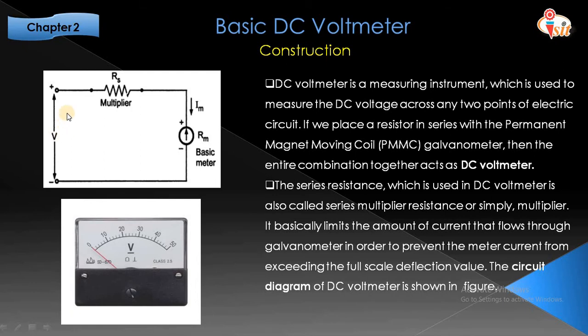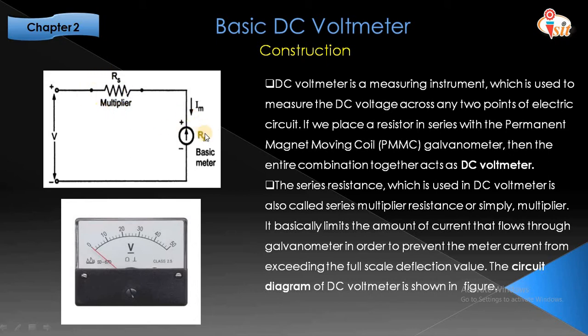Now I am again repeating one by one. The figure shows the basic DC voltmeter. Here is the actual diagram of the basic DC voltmeter. This Rs, nothing but series resistance, is also called the multiplier. What is the function of the series resistance? To oppose the current.